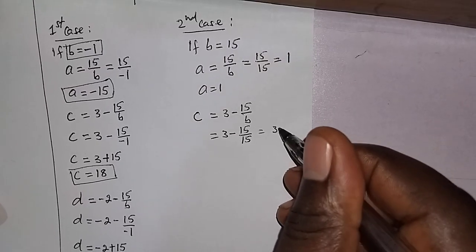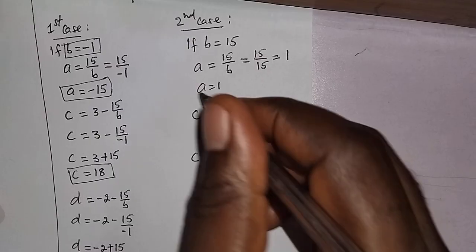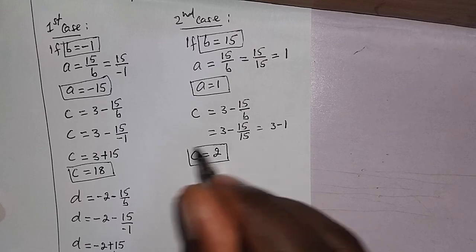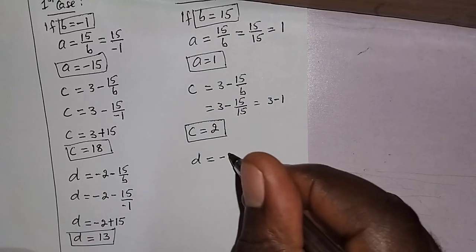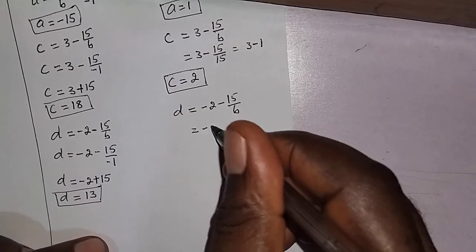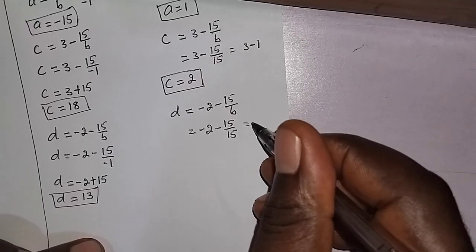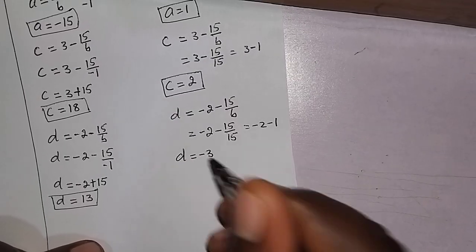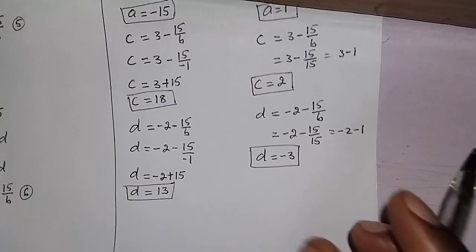This is 3 minus 1. So C is equal to 2. And D is equal to minus 2 minus 15 over B, which is equal to minus 2 minus 15 over 15. This is minus 2 minus 1. So D is equal to minus 3.